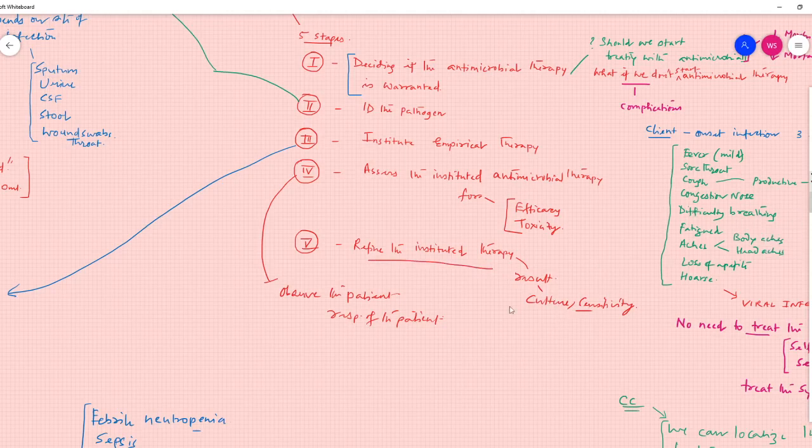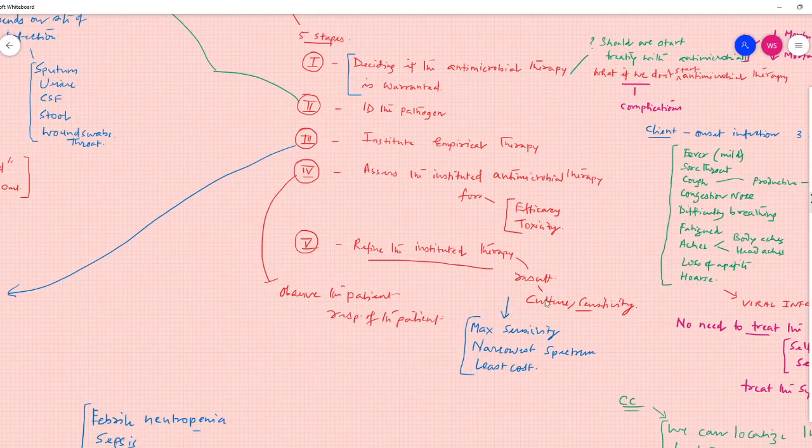We refine the therapy and we give a drug which has got maximum sensitivity, narrowest spectrum, and the drug with the least cost. This is how we refine the instituted therapy, based on the results of the culture and sensitivity.